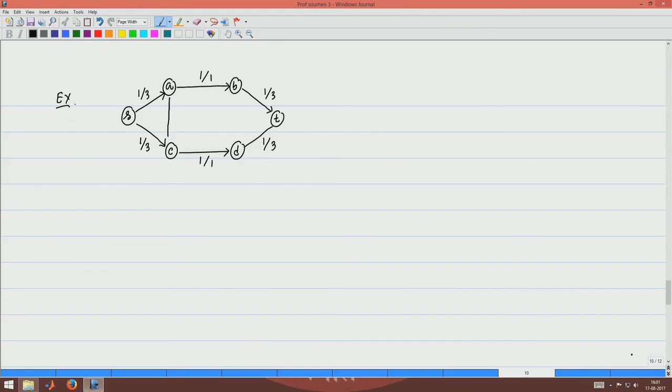From A to C, flow is 0, capacity is 2. From D to A, the flow is 0 and the capacity is 2.